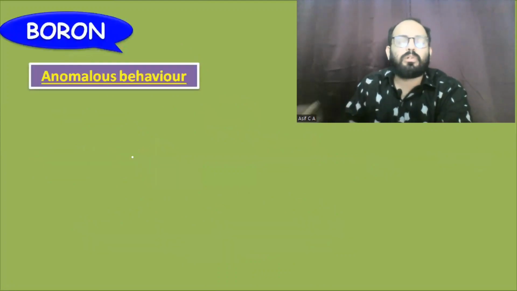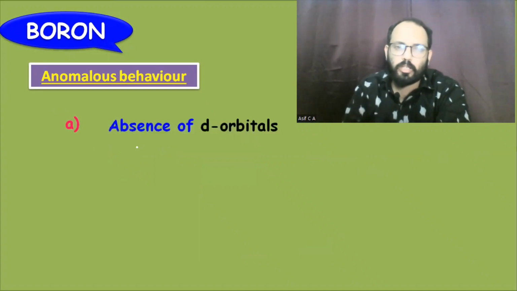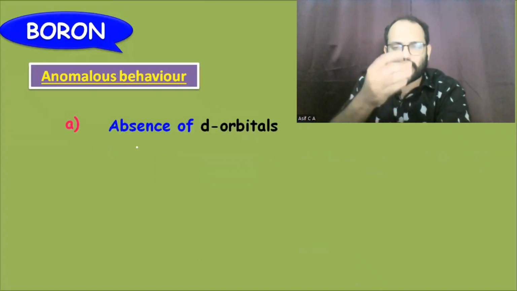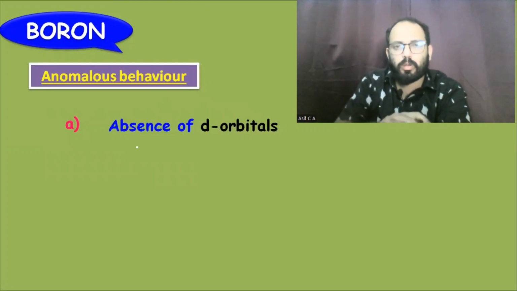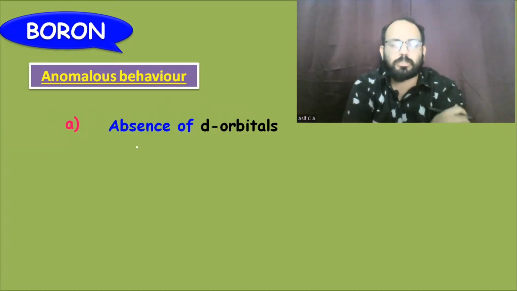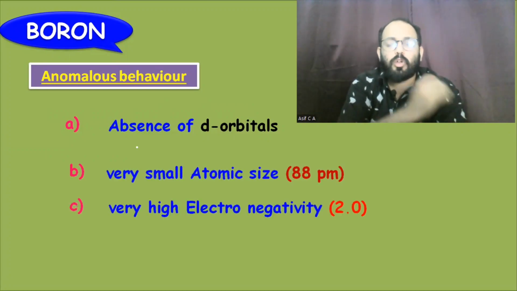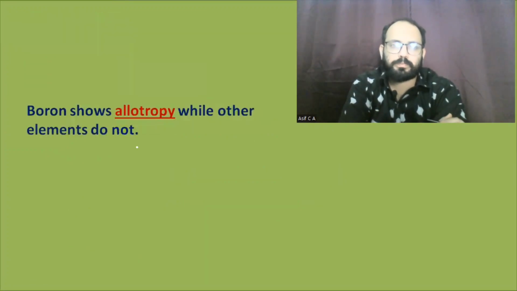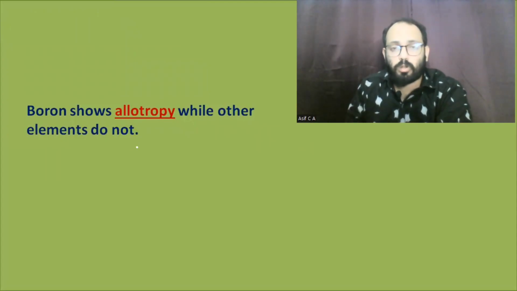Okay. Now we'll be talking about the anomalous behavior of boron quickly. You already know that this is a property that applies to every first element, right? The first few properties we are discussing are the anomalous properties of the first element of each group in the p block. Absence of d orbital, very small atomic size, very high electronegativity, very high ionization enthalpy. And boron shows allotropy while other elements do not.